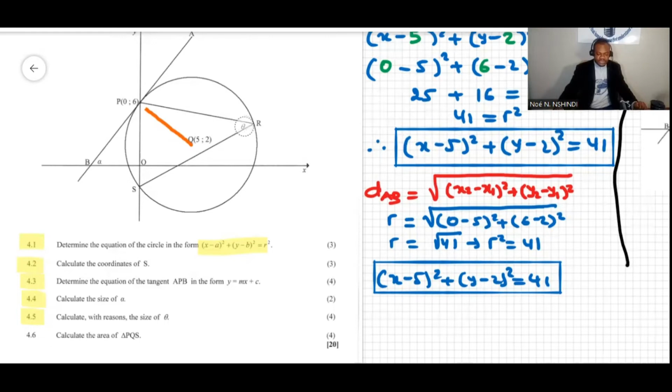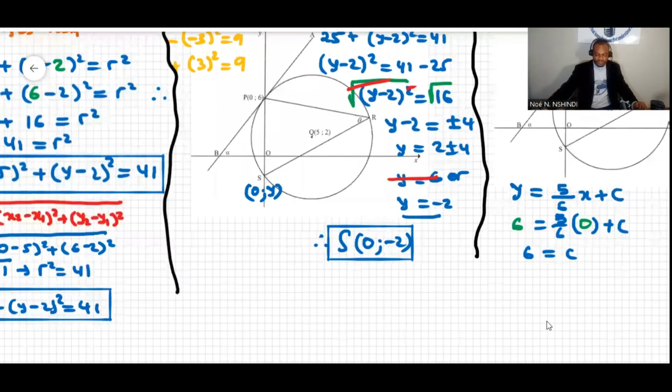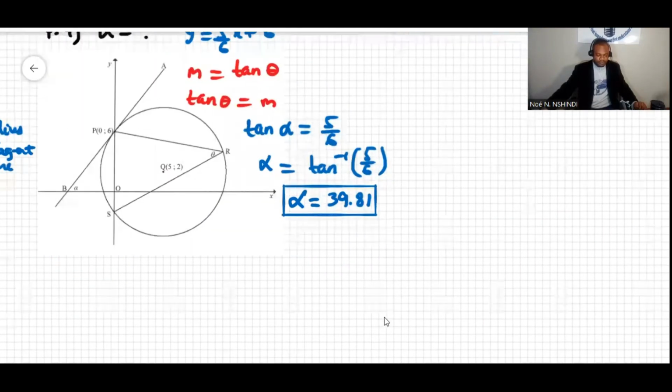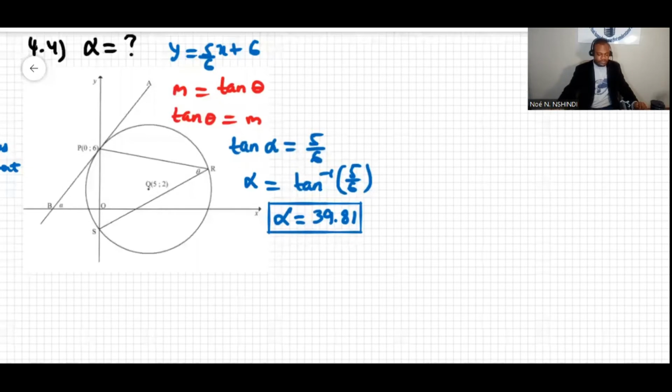All right. Now, I'll move my book over here. So now right here, question 4.5. We're looking for the angle theta, and then we need to provide reasons for that. All right, how can we get angle theta?